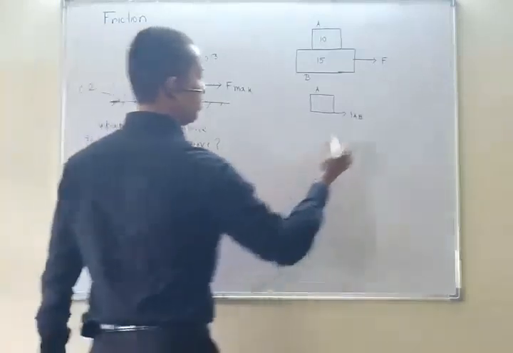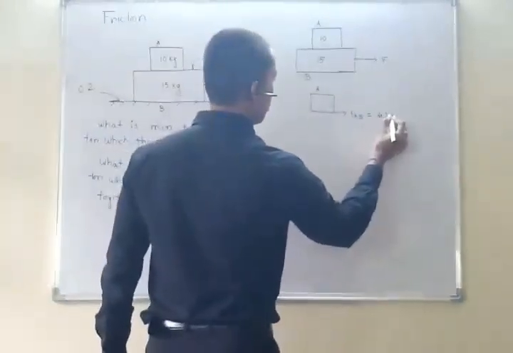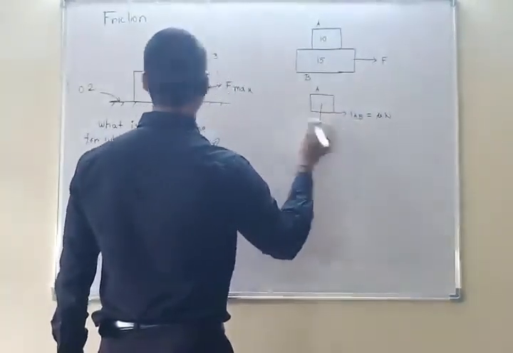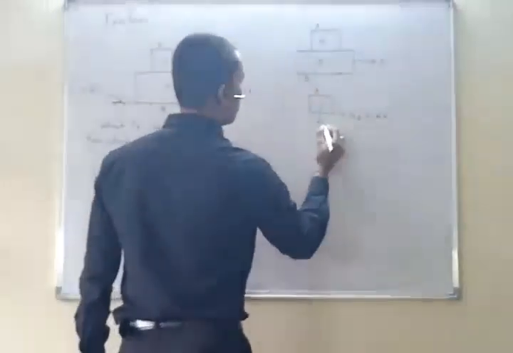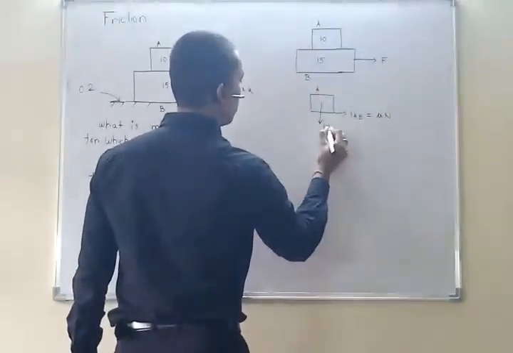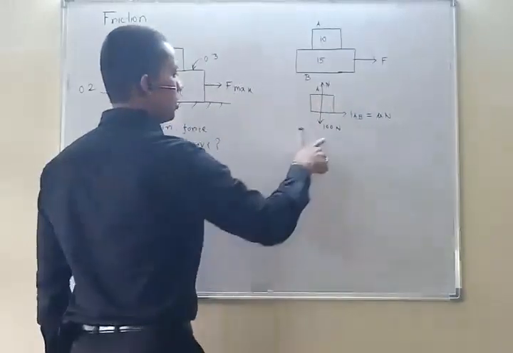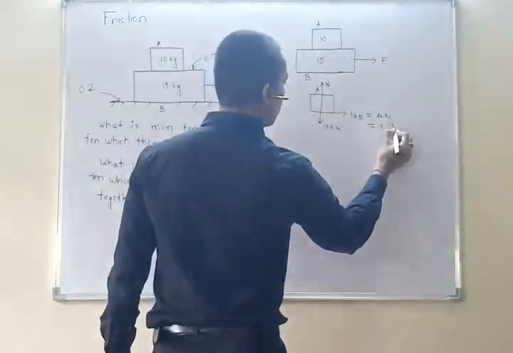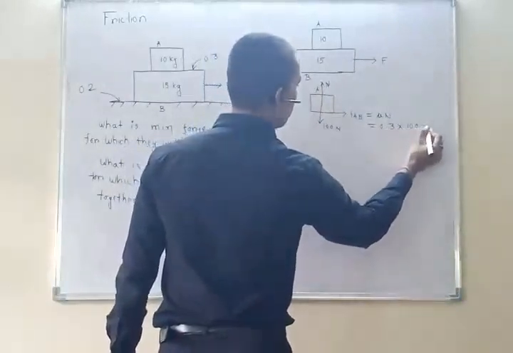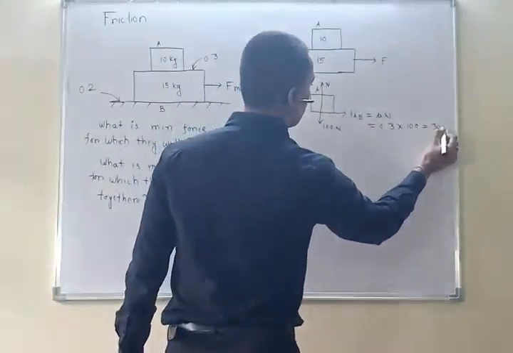The value of it is equal to mu times N. The mu is 0.3, the N is 100 Newton, this is the normal. So mu is 0.3, N is 100, that is equal to 30 Newton.